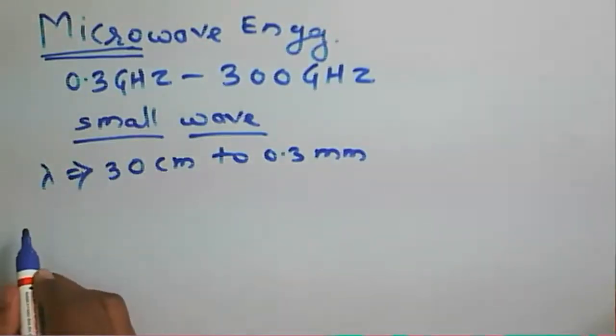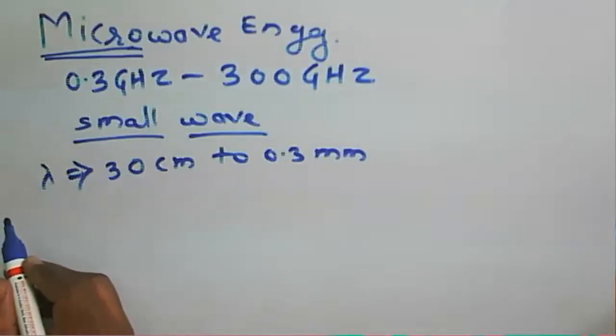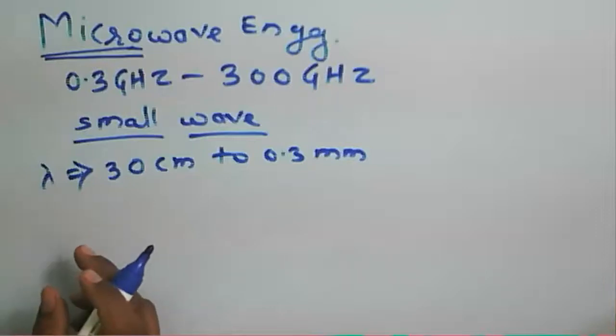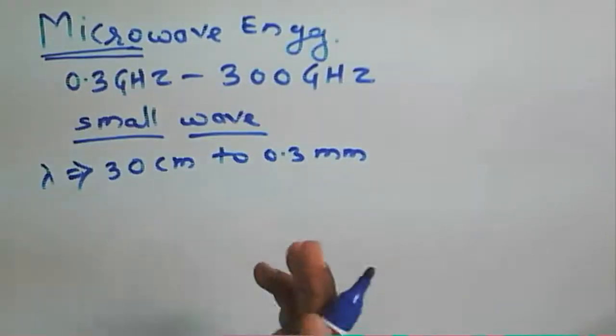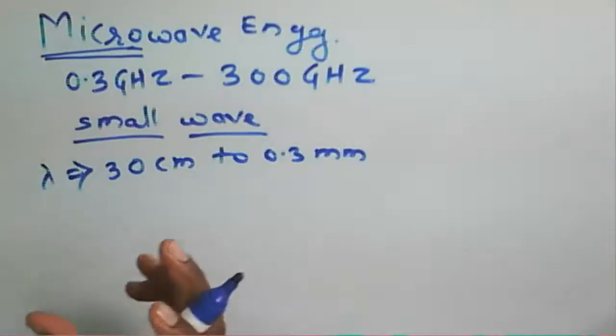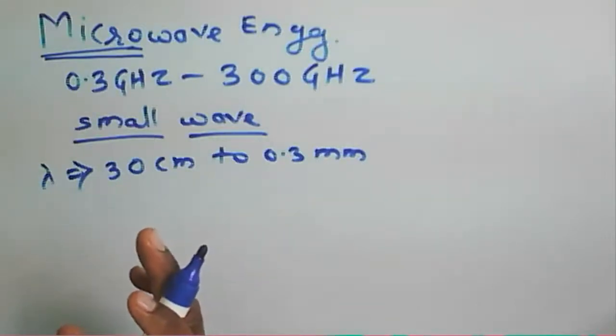Now consider the electromagnetic spectrum. Generally we draw the electromagnetic spectrum as a band of frequencies, within which the microwave frequency region is present.